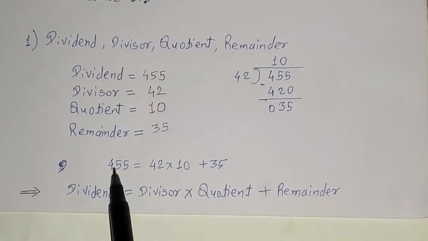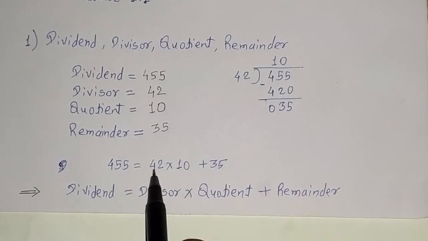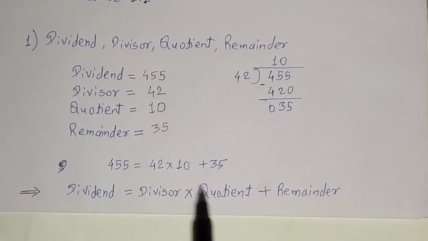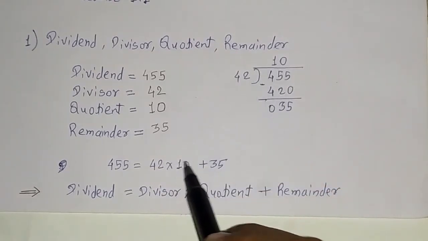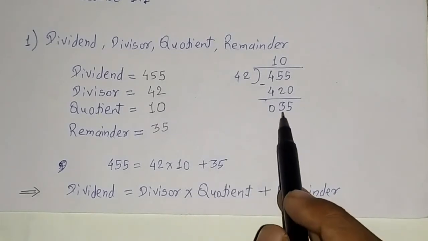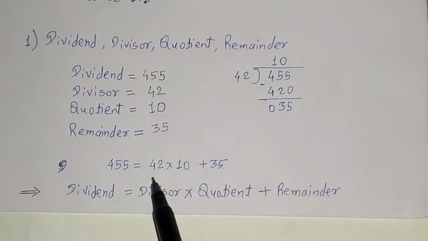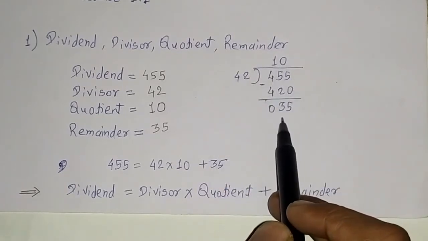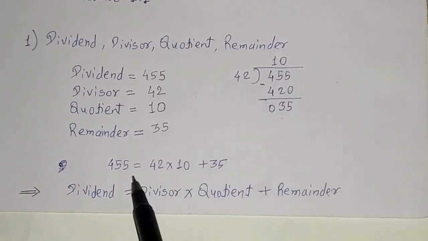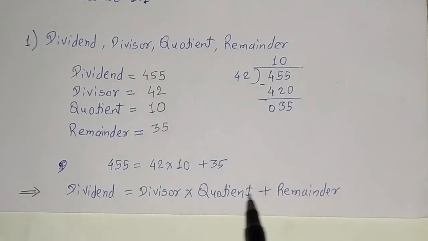So dividend, that is the given number, equal to divisor, that is 42, into quotient 10, plus remainder 35. So 42 into 10 plus 35 equal to 455. This relationship is represented in this generalized formula: dividend equal to divisor into quotient plus remainder.